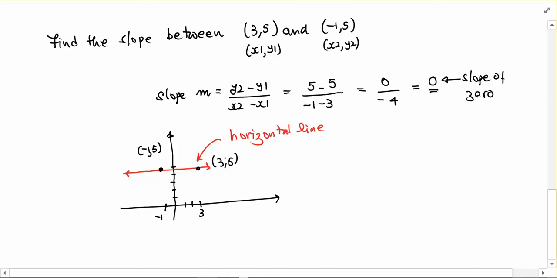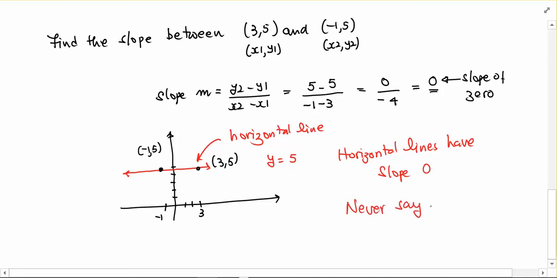In fact, we know the equation of this line. This is the line y equals 5. Horizontal lines have a slope of 0. Now please, please, please never say no slope.